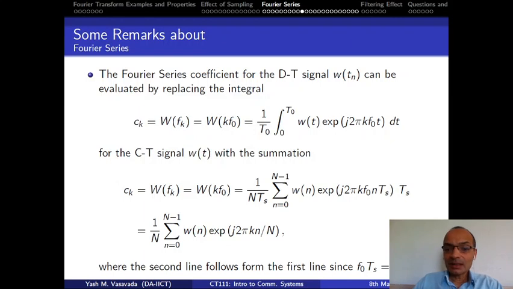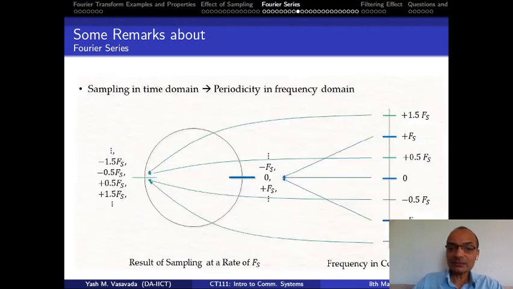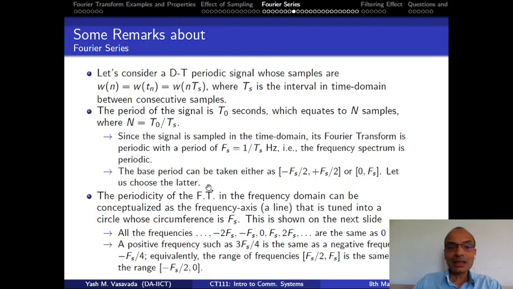But remember that f0 times T of s is nothing but 1 over N. Capital T naught is 1 over f naught, and so f naught times T of s is 1 over N according to this formula here.